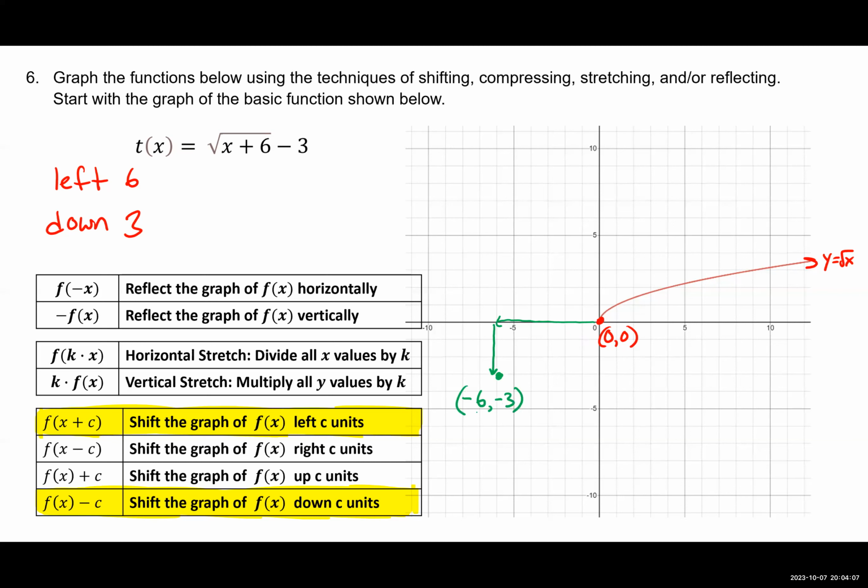Negative 6, negative 3. And now we draw the graph. Same shape as the red one. It's just starting in a different location.